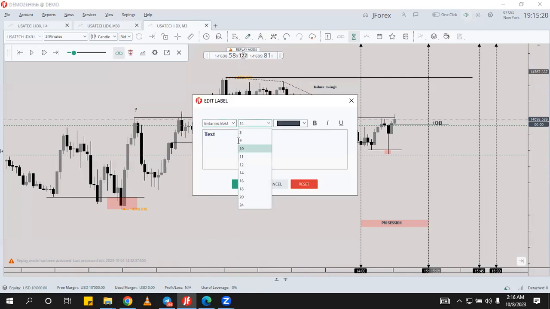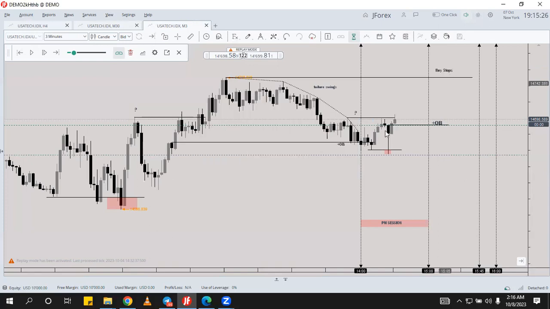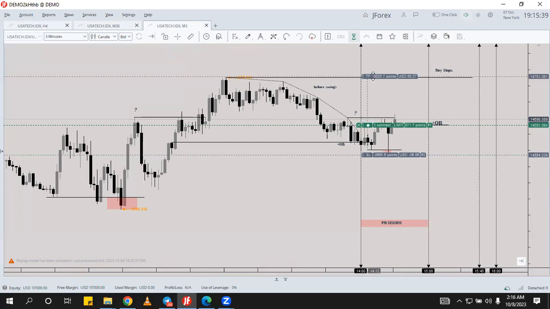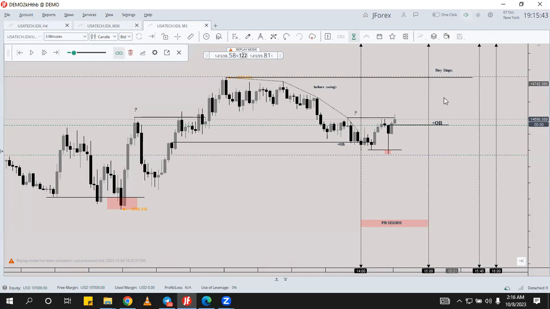We have buy stops there. So basically, price is drawing towards this buy side liquidity, right? These buy stops create what we call buy side liquidity. And that is where we want to place our take profit, where those buy stops are resting.